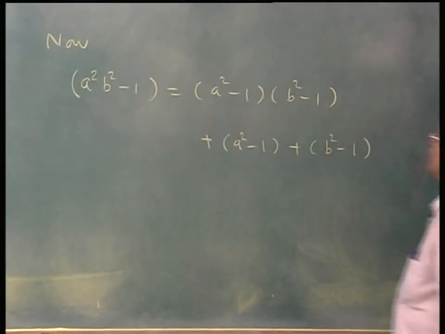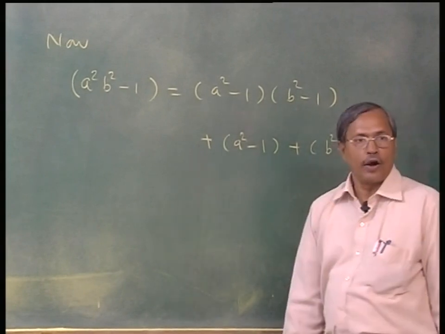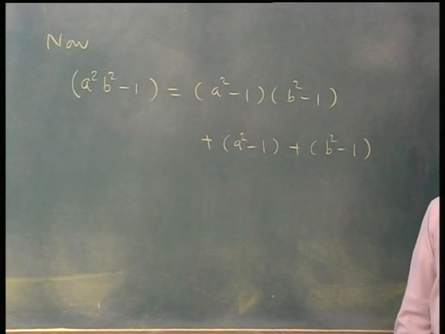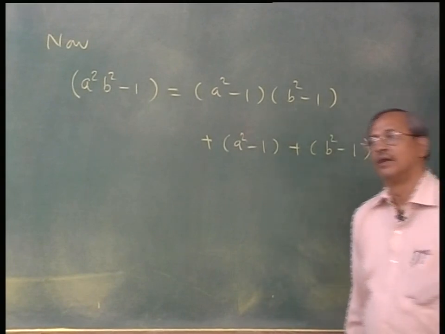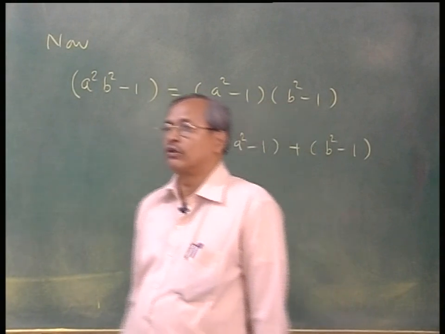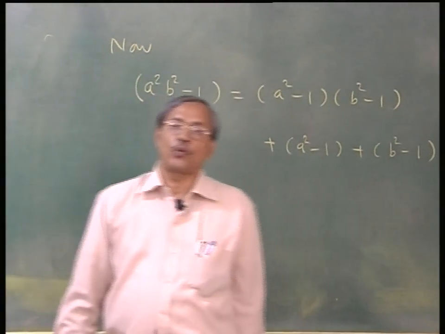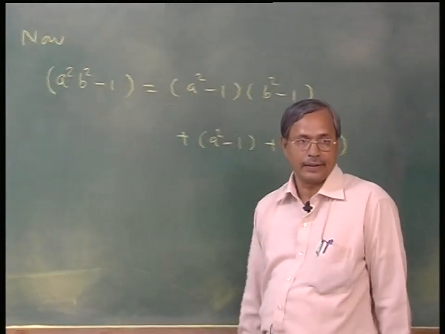And now observe that a and b are odd. What do you know about a square minus 1? Square of an odd number is congruent to 1 mod 8. So a square minus 1 is divisible by 8.